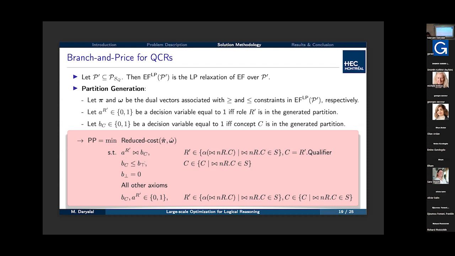Everything is a member of the top concept, as we saw in that software. So whenever BC becomes 1, B of theta becomes 1 as well. B of nothing should always be 0. Then we have all the other axioms, which I will briefly show. I'm running out of time. And all of these decision variables are binary.